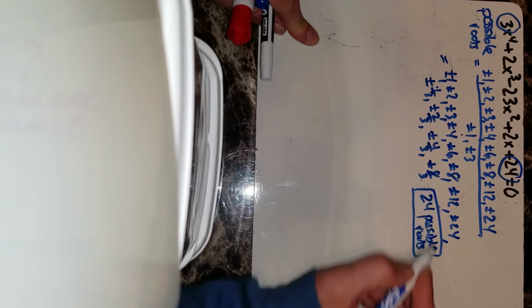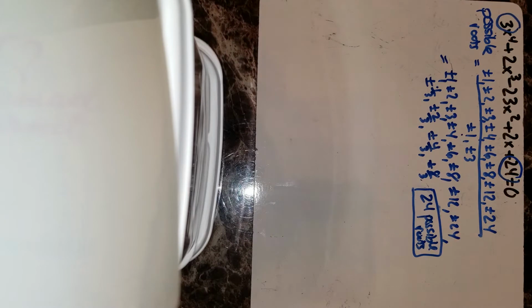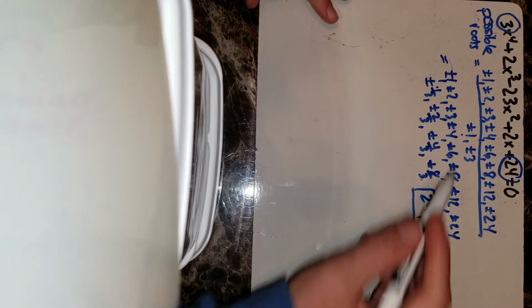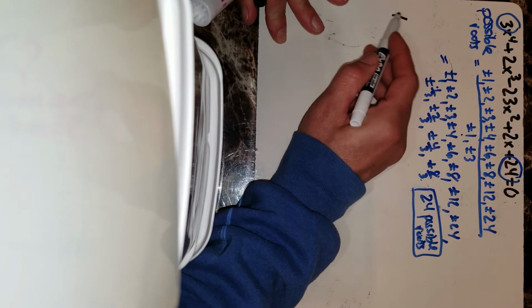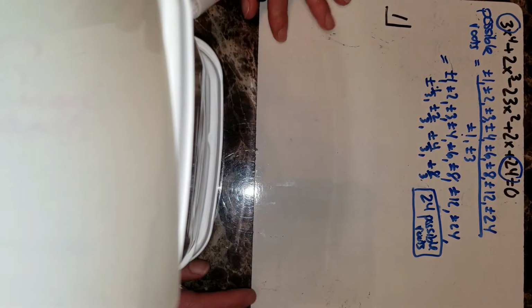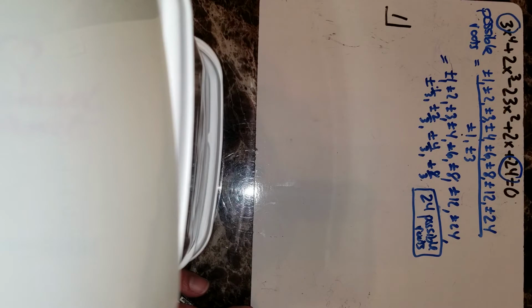Now I have to go through and test to find out which ones are actually roots. The fun part. So I'm just going to start down the list, starting with 1 and see if it has a 0 remainder, and that would mean that it divides in evenly as a factor, and that would make it a root.